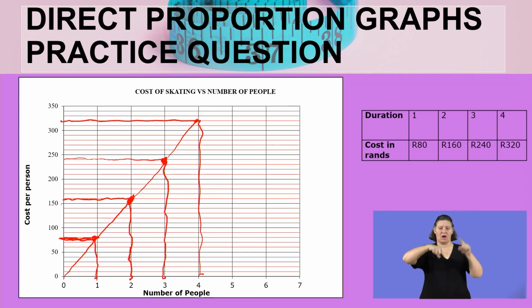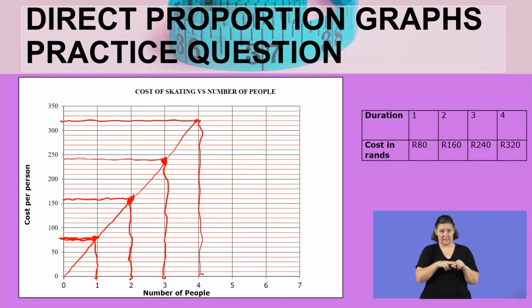So I hope you will be able to plot your straight line graph by remembering your steps, writing the heading, writing the dependent variable. The dependent is the costs. The independent is the number of people. And when you join your points, therefore, you get your graph.